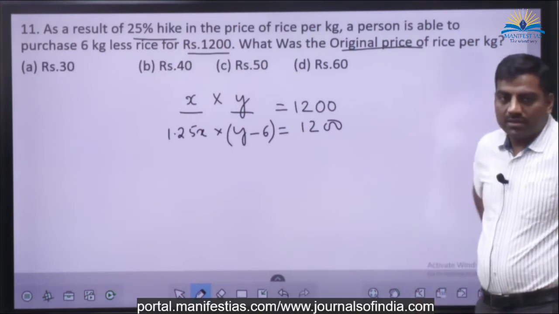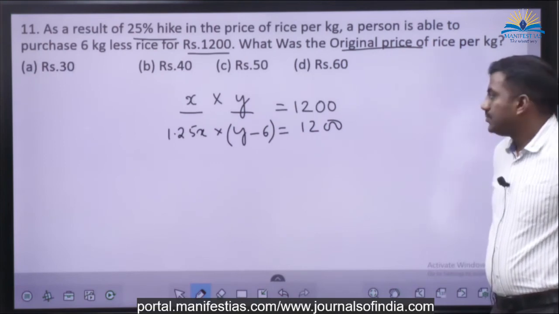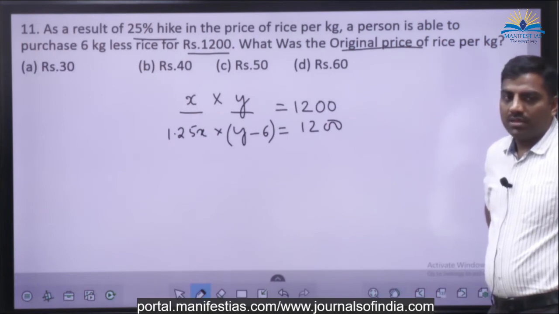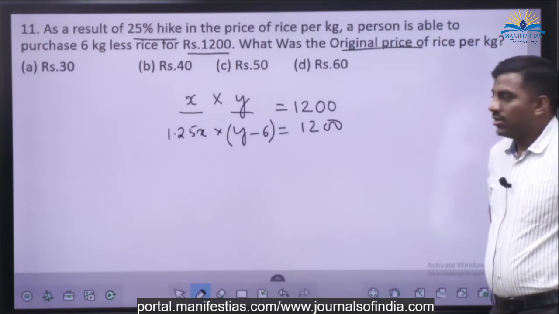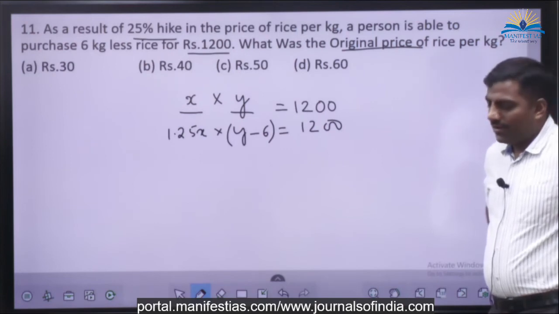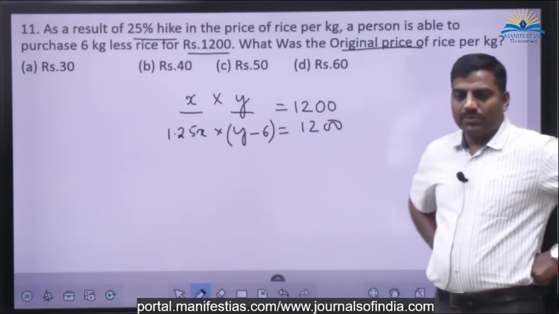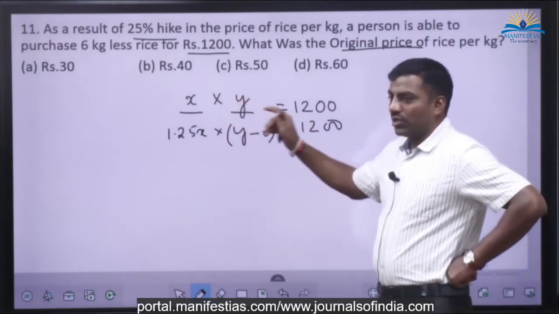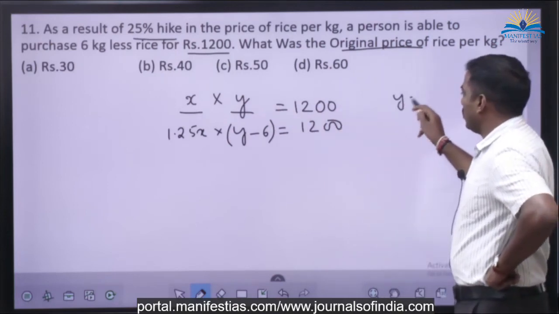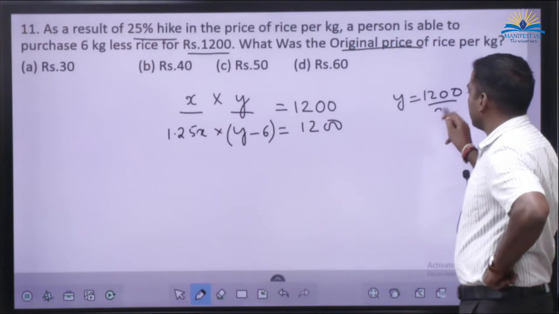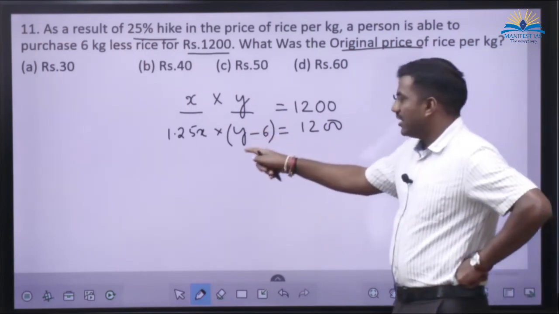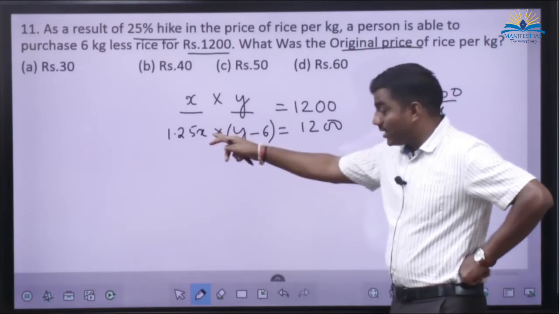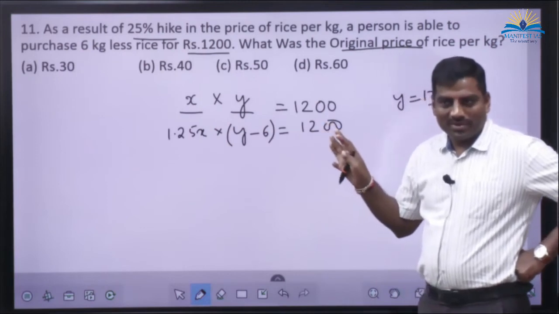This simplification is not that easy because one is in terms of a product. You will write Y is equal to 1200 divided by X, then the whole LCM in terms of X will become X square. The things will be ruined.